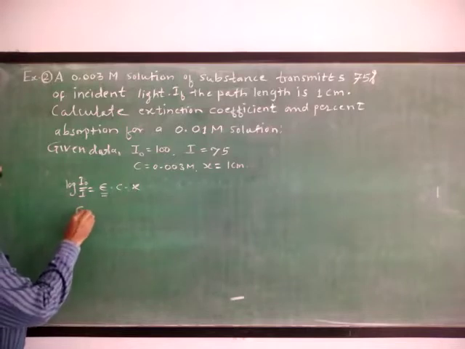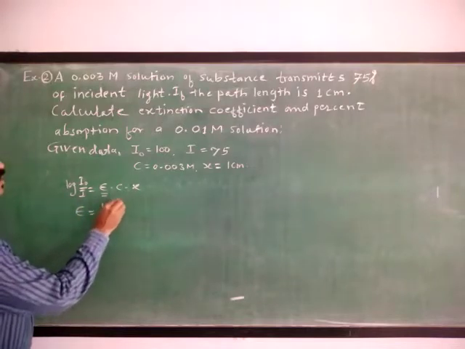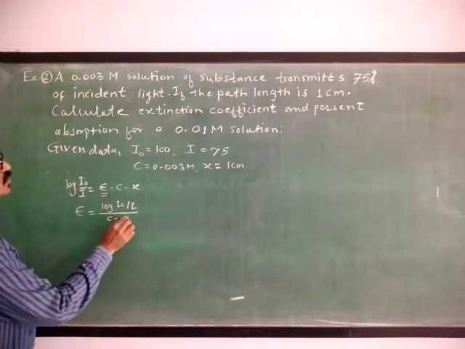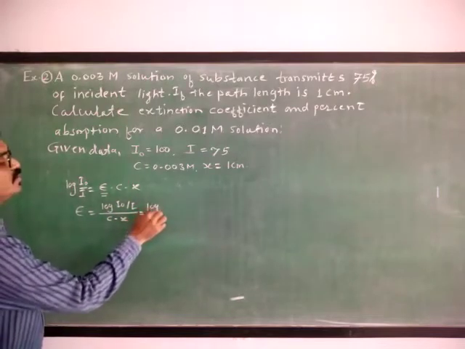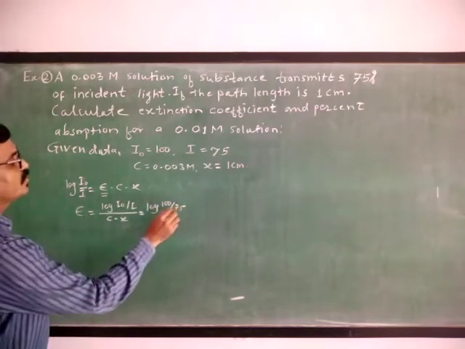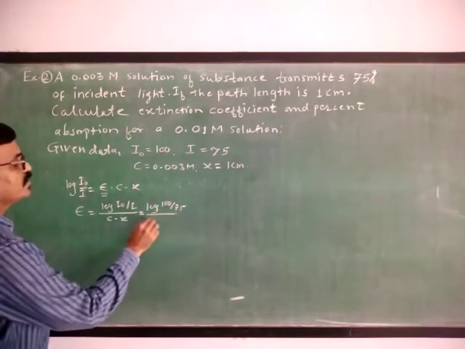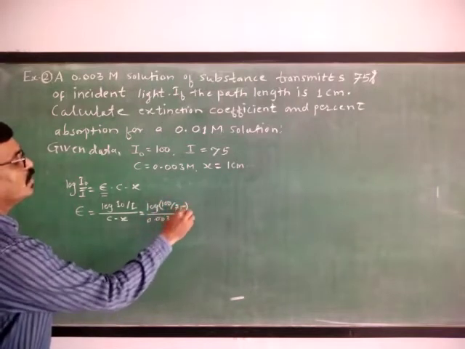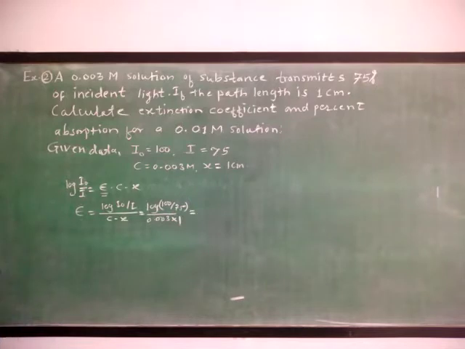That's why epsilon is equal to log of I0 upon I, divided by C into x. Put in all these values: log of I0 means 100 upon 75, upon C means 0.003 into 1. Now log of 100 upon 75, this value comes out to be 1.33.